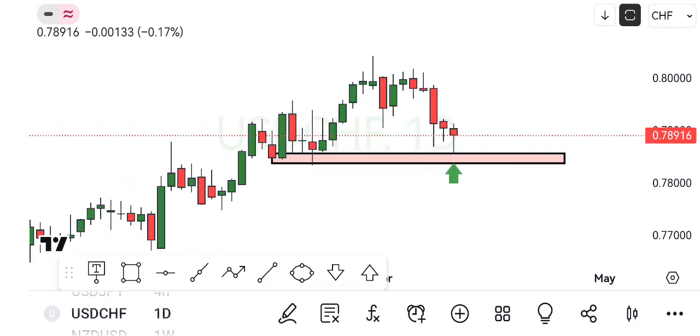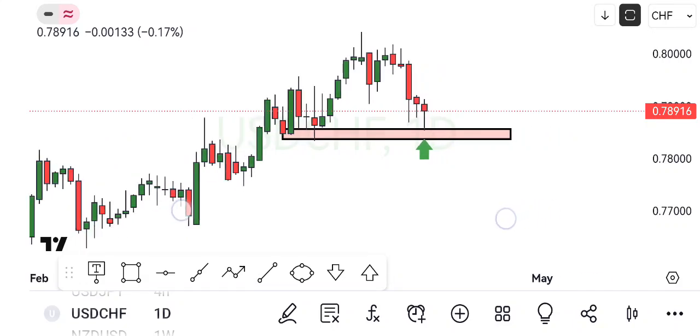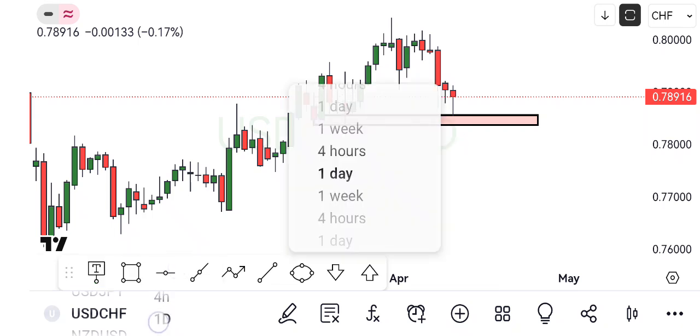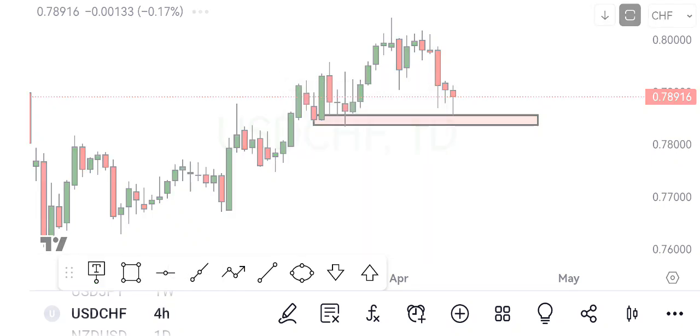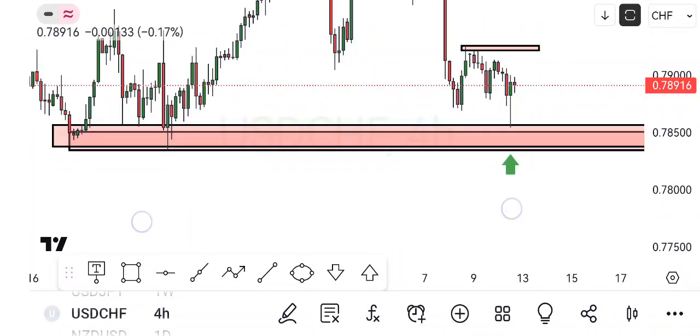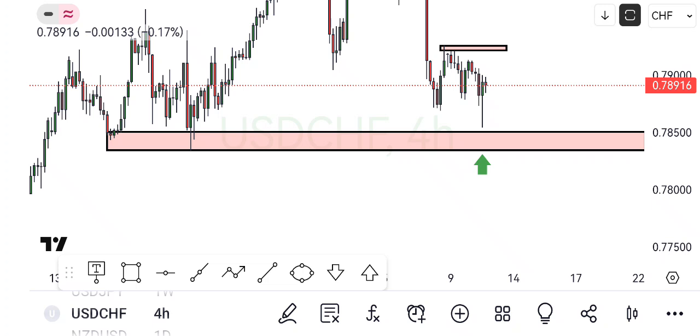Right. So how will I go about buying inside this USDCHF based on my entry time frame, which is H4? Let me delete one because now there's two of them, these areas.